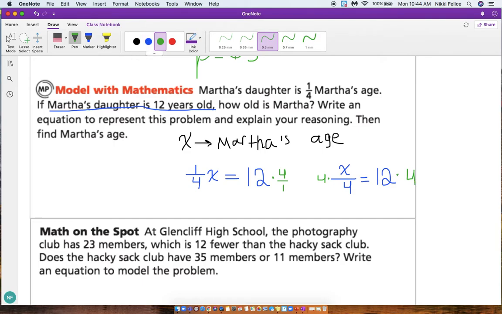So 12 times 4 is 48. x equals 48, no matter which equation you use. So Martha is 48 years old, and her daughter is 12 years old. 12 is 1/4 of 48. So that works.